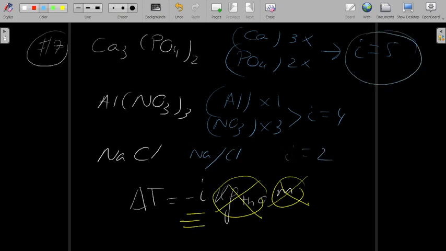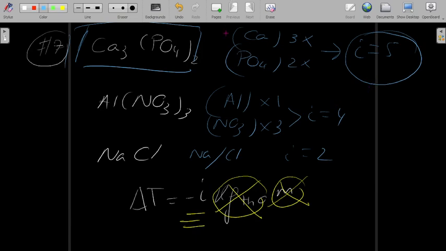This one has the highest i, making this the compound you want to use. So if you want to protect water from freezing, you want to lower the temperature at which it freezes, and the one that's going to do the best job is the one that has the higher i, the number of particles it breaks into. That's it. That's how you do that.